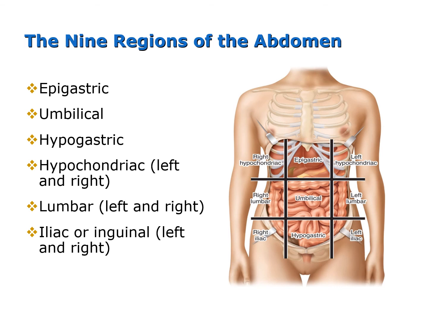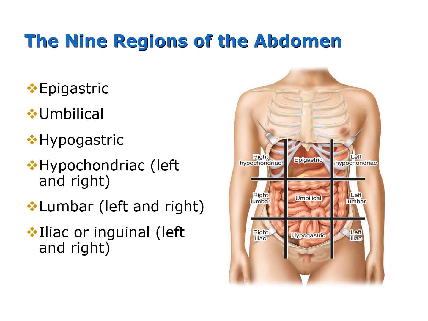If we are using those imaginary lines, we end up with 9 regions of the abdomen. We have a superior, a middle, and an inferior area of the regions of the abdomen. For the superior one, we'll describe in the middle the epigastric area that will include the liver and most of the stomach.